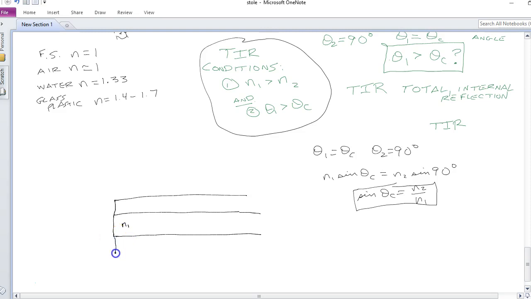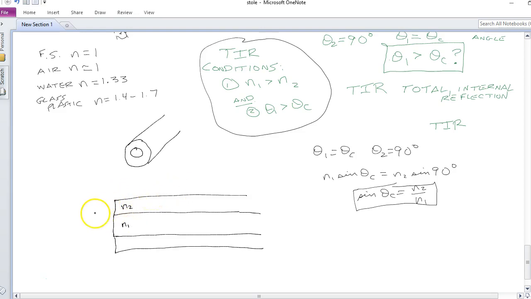So in cross section, it looks like a sandwich. But really, it's a solid cylinder piece of glass, and then surrounding it is this cylindrical jacket, which is a cylindrical shell. The cylindrical shell has an index of N2.